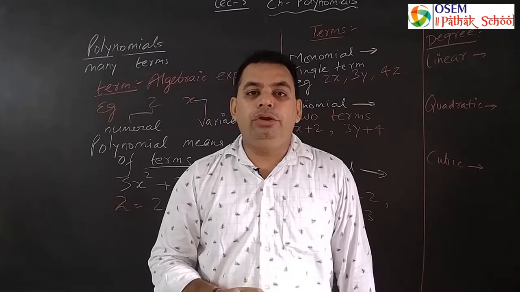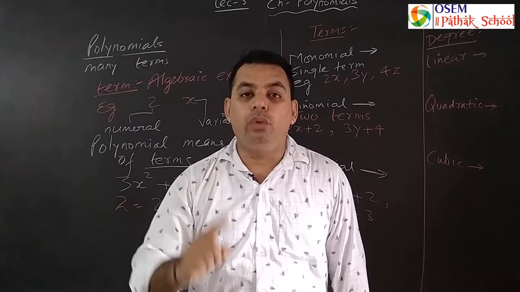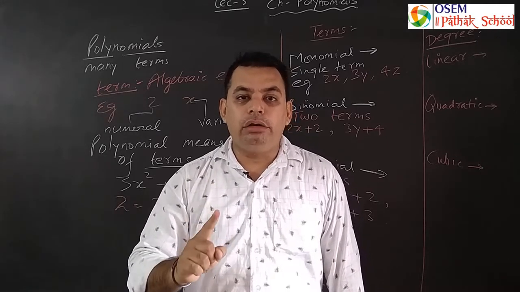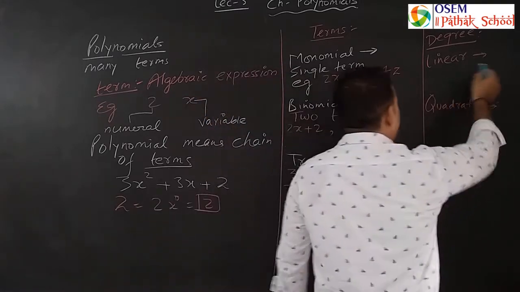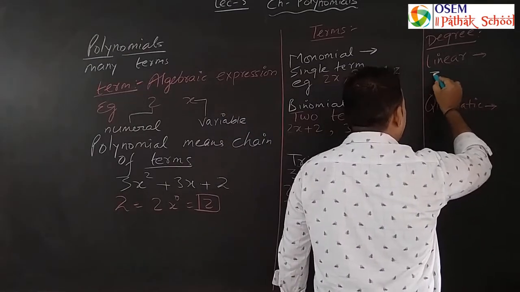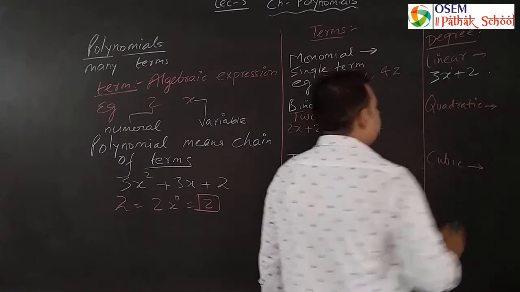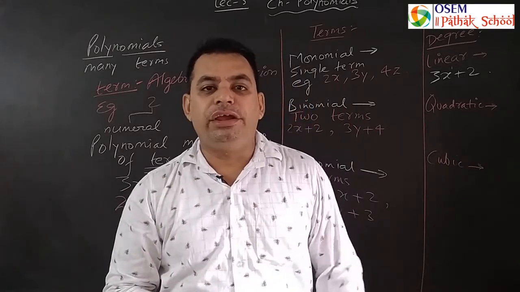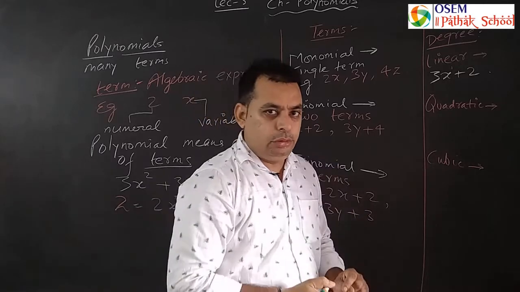A linear polynomial has a power or degree of 1. Any polynomial that has a degree of 1 is known as a linear polynomial. The power will be 1, like 3x plus 2. Here you can see the power is 1. A polynomial that comprises degree 1 or power 1 is known as linear.